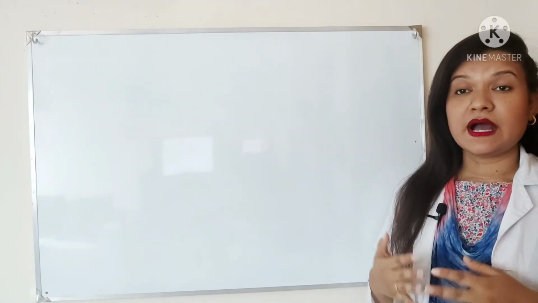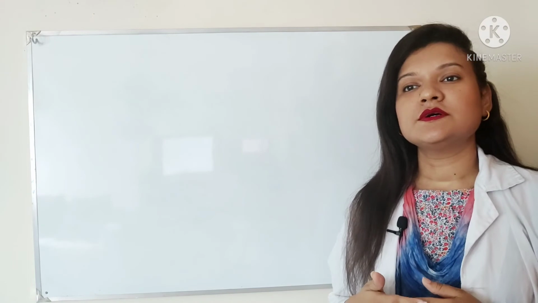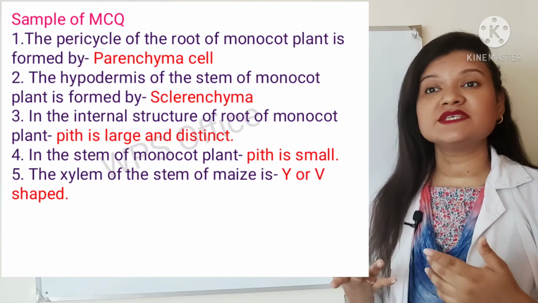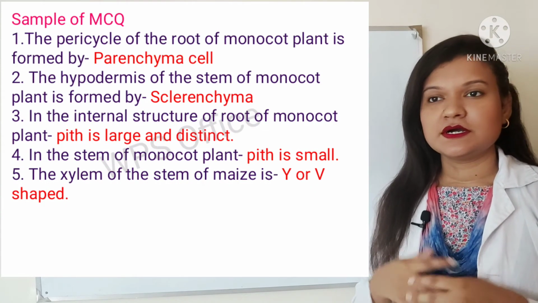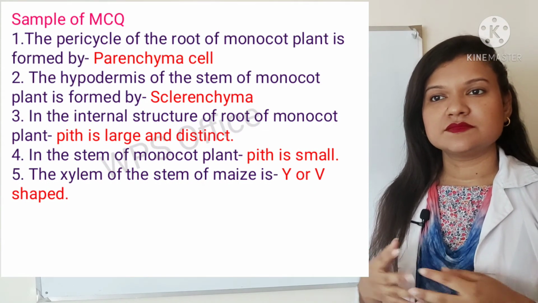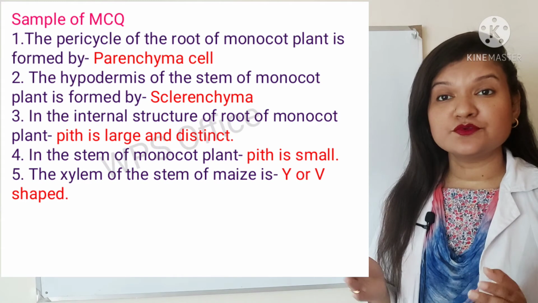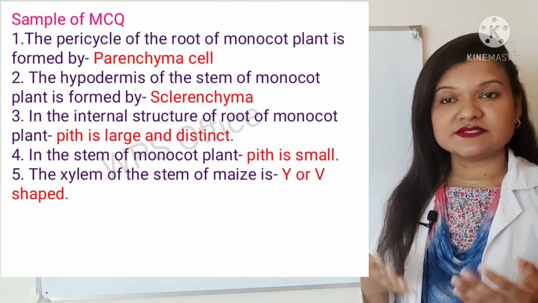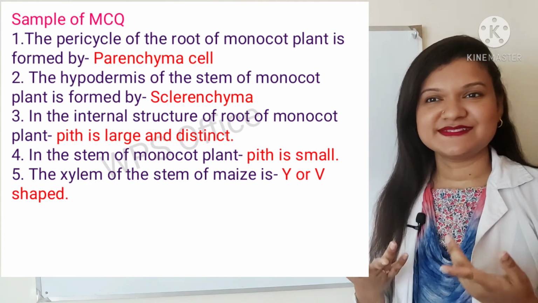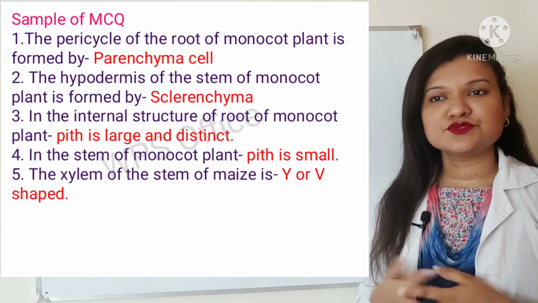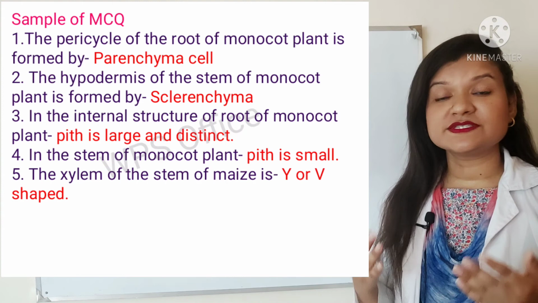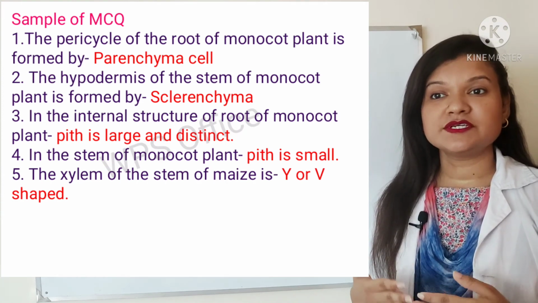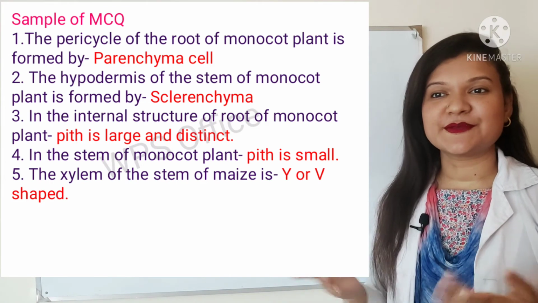Now, I will tell you some important MCQs from these topics. Number 1, the pericycle of the root of a monocot plant is formed by what? The answer is parenchyma cells. Number 2, the hypodermis of the stem of a monocot plant is formed by what? It is formed by sclerenchyma.